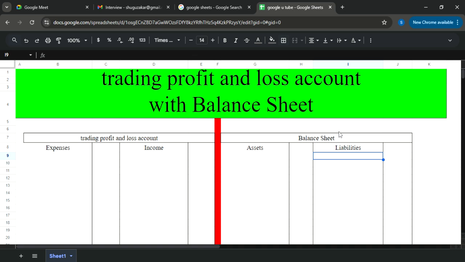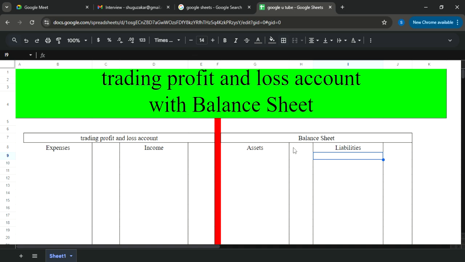So make your mind, on the left page you will draw the first column, and then you will draw your second column. On the right page you will draw the first column and second column. Here you will write all details regarding your expenses and income, and here you will write your assets and liabilities.